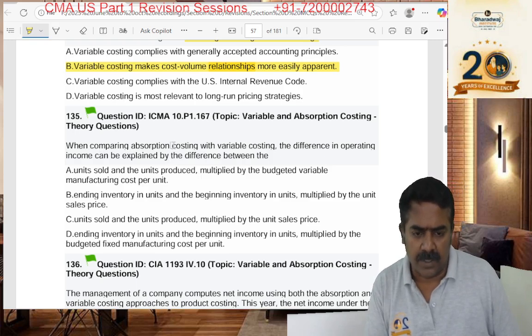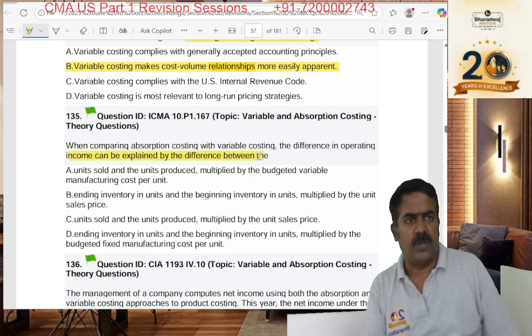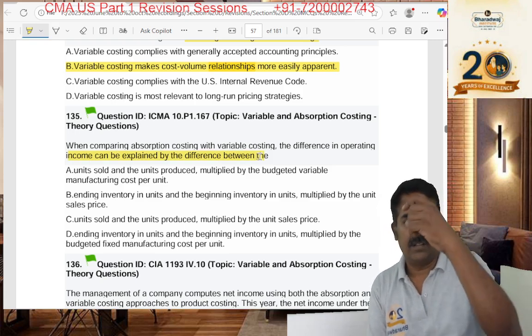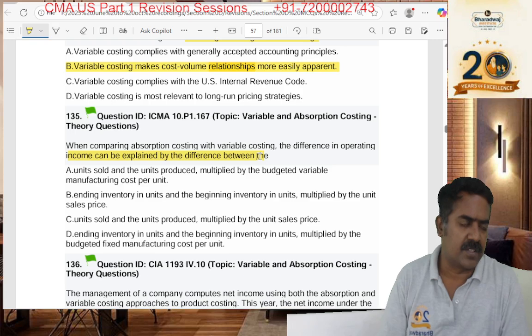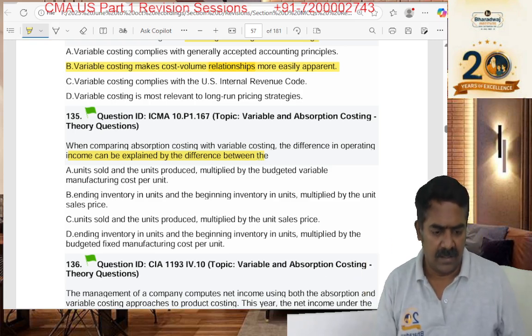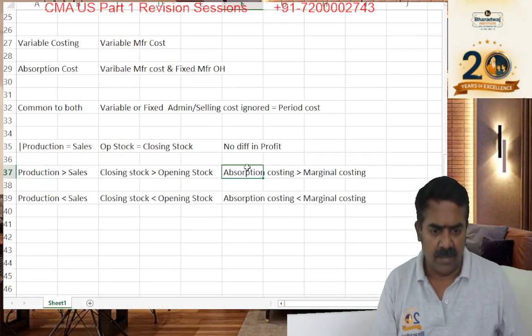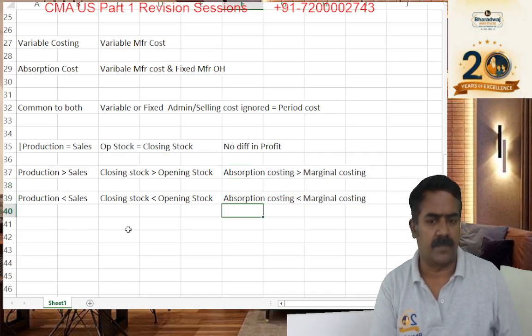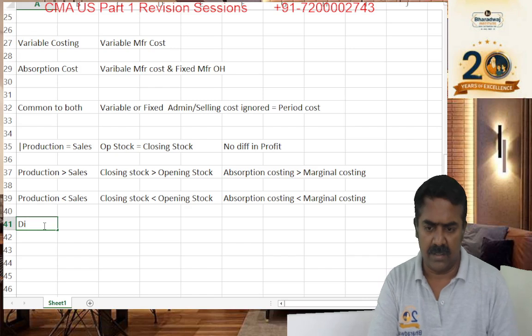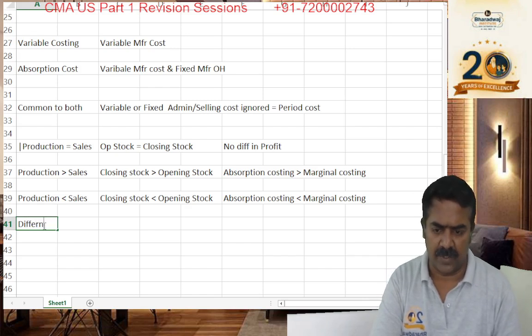While comparing absorption costing and variable costing, the difference in operating income can be obtained by difference between what? Option D, sir. Difference in inventory multiplied with fixed cost per unit. What is the difference in profit?